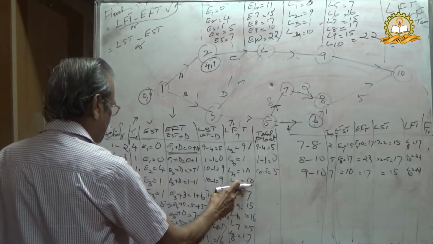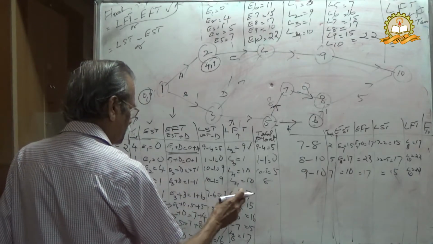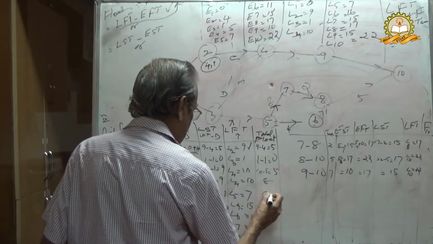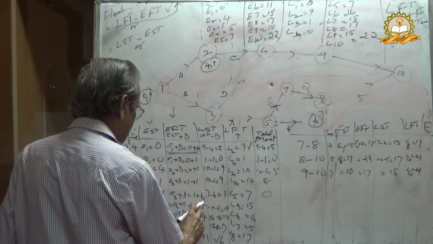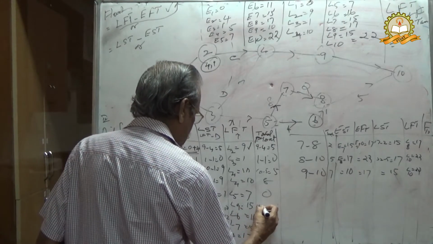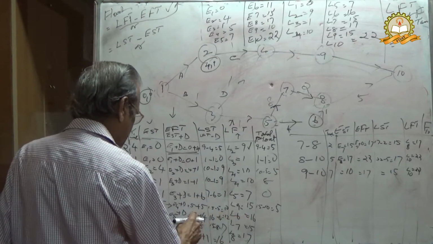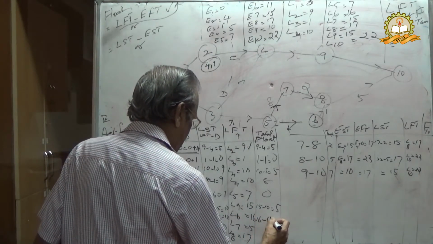Then 10 minus 2, 8. Then you have 7 minus 7, 0. 15 minus 10. Then 16 minus 11.